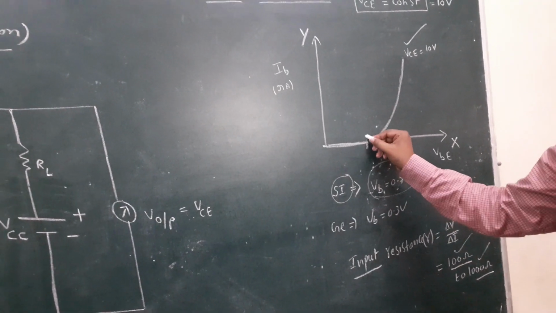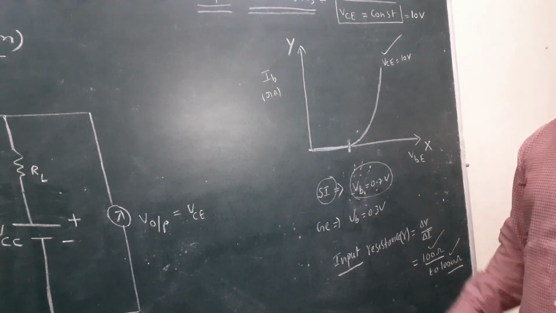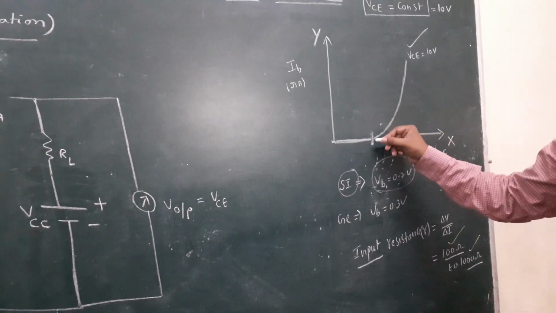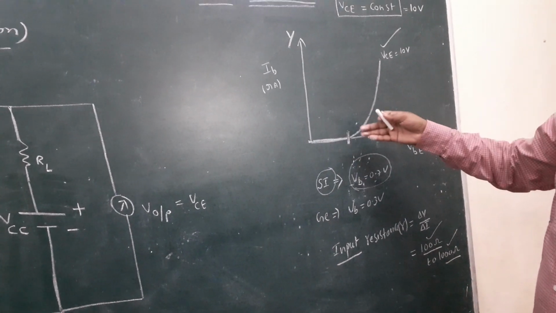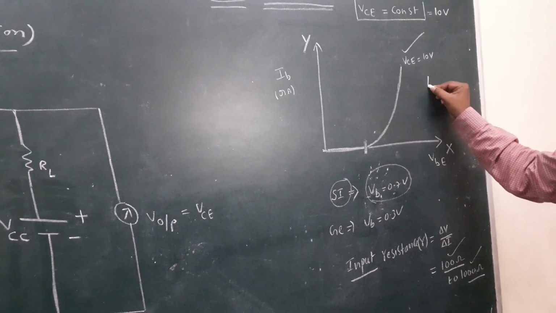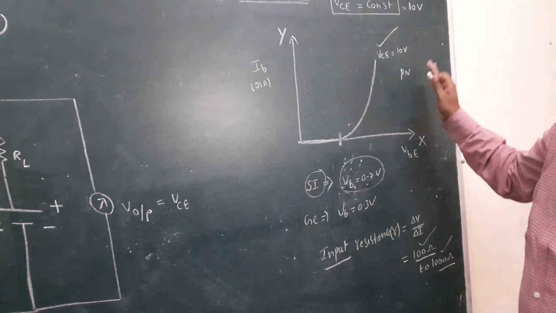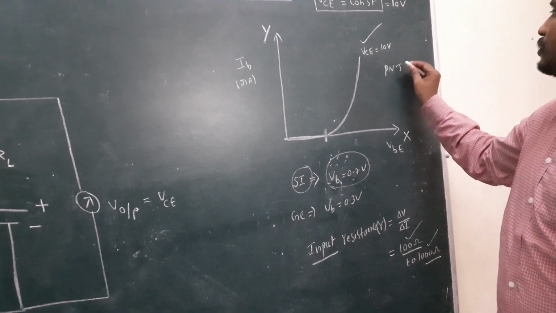So up to here no input current is present. After that the potential barrier reduces, VBE, the input voltage, increases, and the input current also increases.